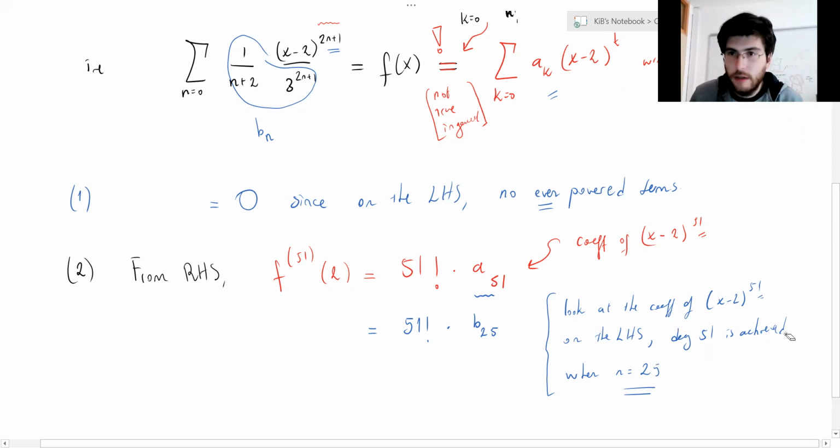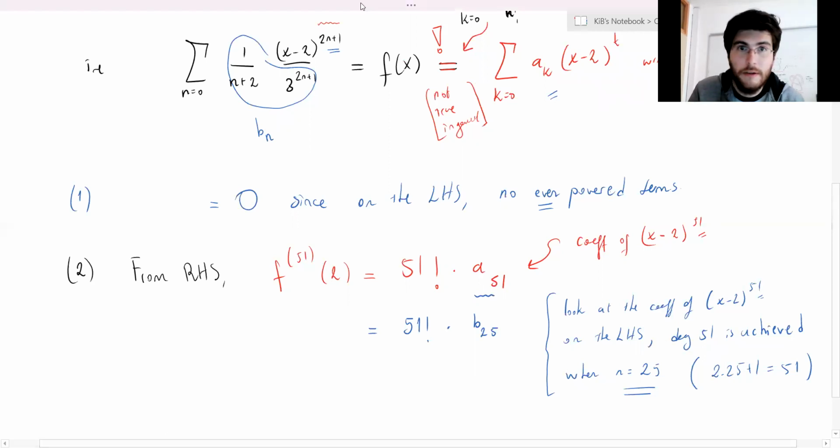Maybe I should write it down in more detail. Degree 51 is achieved when n equals 25. Remember, because 2 times 25 plus 1 is 51. Look at the indices, how we manage degrees here. So be careful.